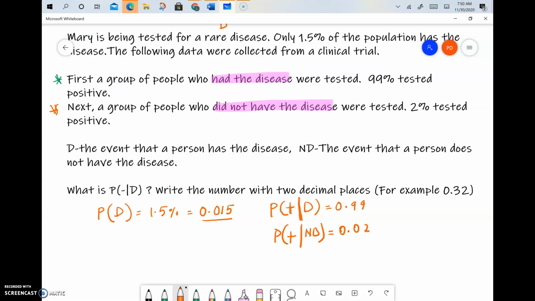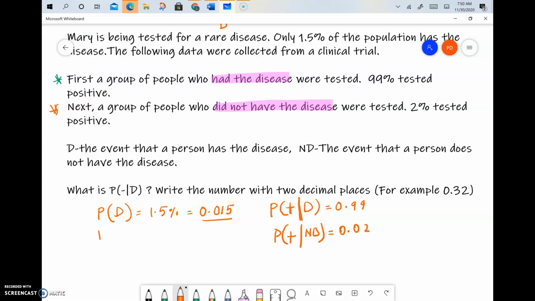So these are the probabilities that are given. Now let's go back to each probability and see if we can say a little more. Maybe write down one more probability. So we have probability of disease is 0.015.